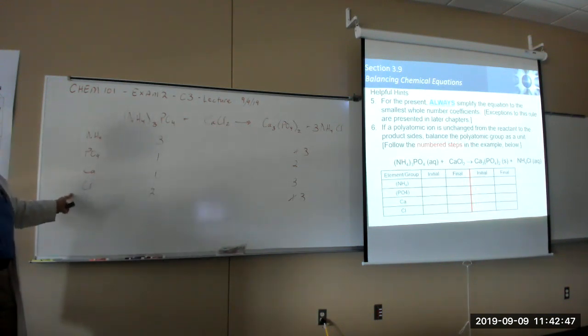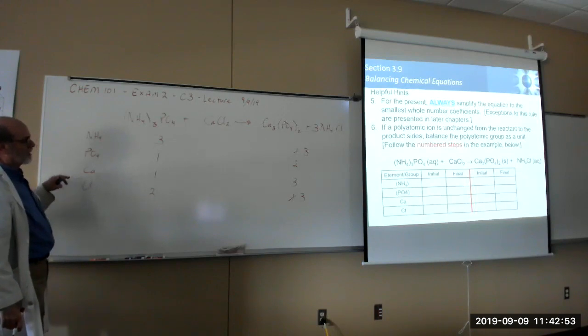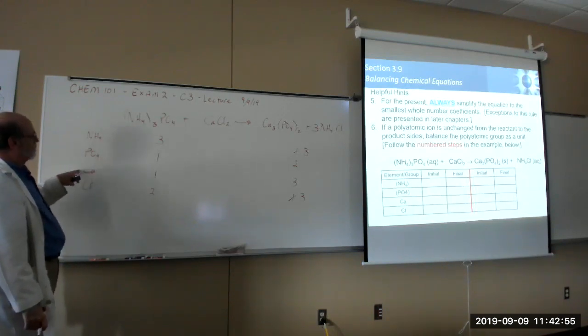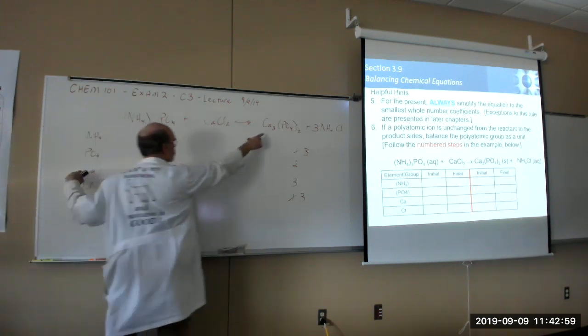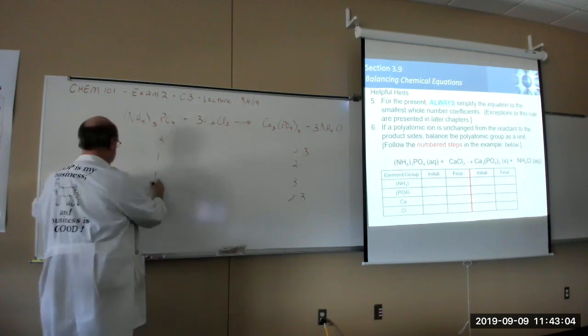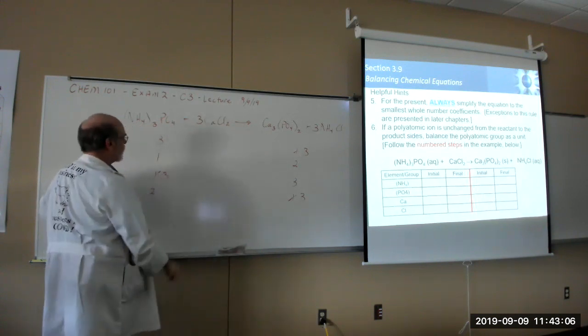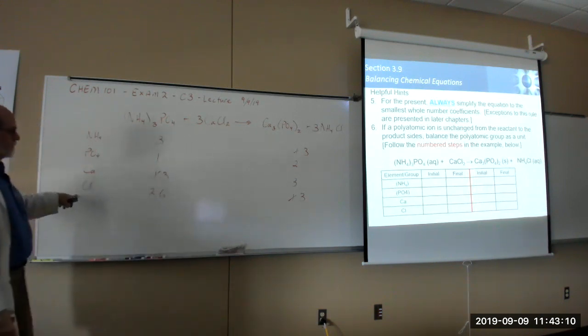And I usually only use a fraction at the very end if I need it. So let's say we'll leave that one alone. We'll go to calcium, right? Let's say we need 3 calciums because we've got 3 over here and only 1 over here. How about that? That means we have 6 chlorines. All right, so chlorines are out of balance again.